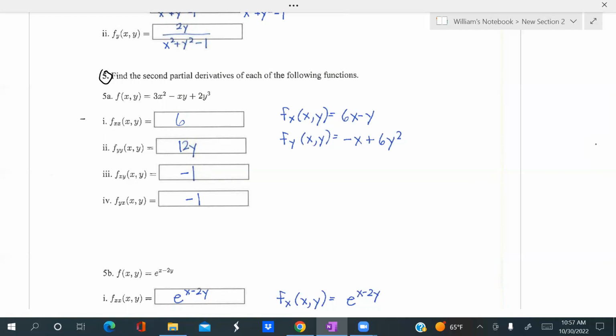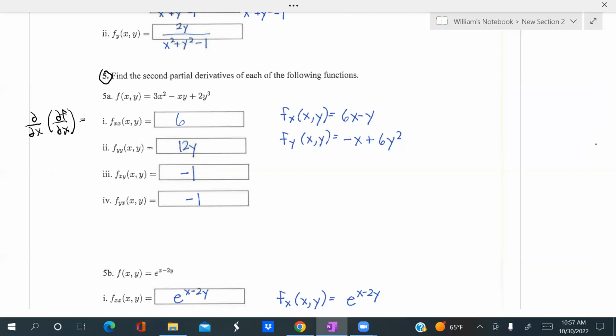Remember, in classical notation, what you're doing is finding the first partial derivative with respect to x, and then you're differentiating that again with respect to x.